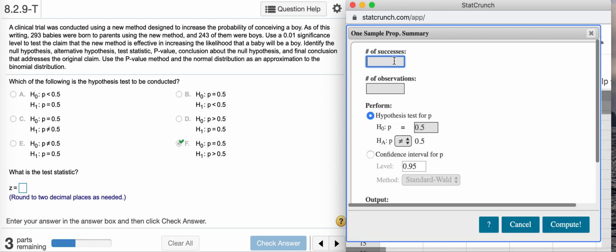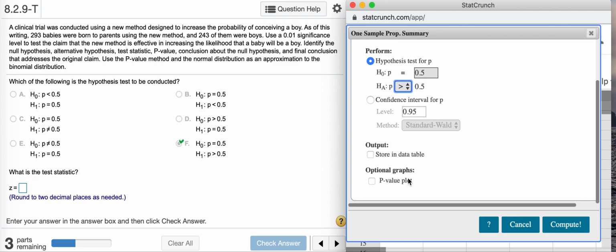So in the summary data, we found out that 243 of these babies were born as boys, and that's a total of 293 births. We're arguing against it being 0.5. We're arguing that it's greater than. And so here we're going to conduct our test.